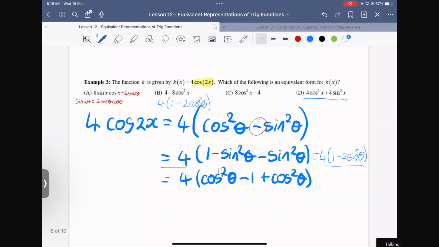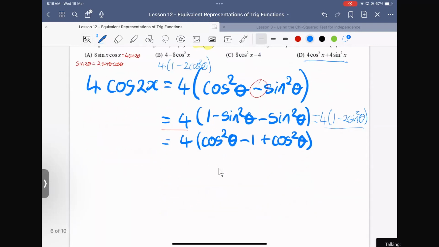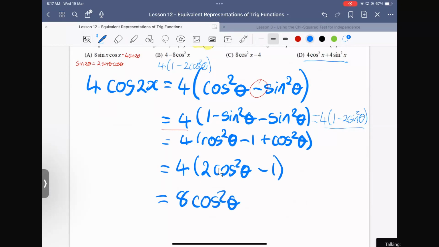This last one here, if I rearrange it, will give us 4 bracket 2 cos squared theta minus 1, which when we expand the bracket will give us 8 cosine squared theta minus 4.